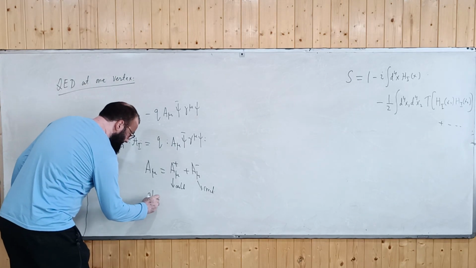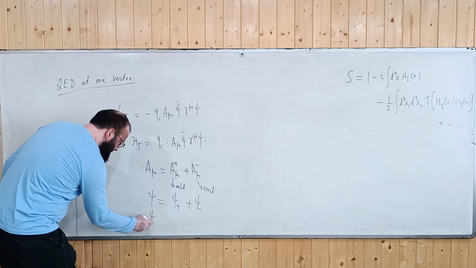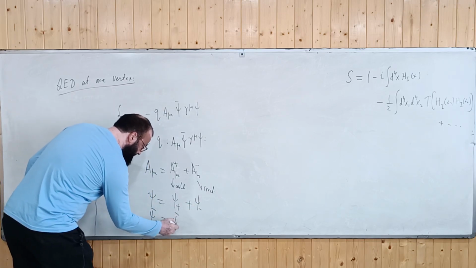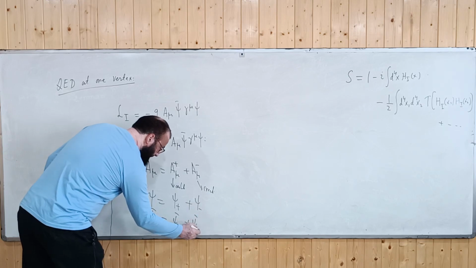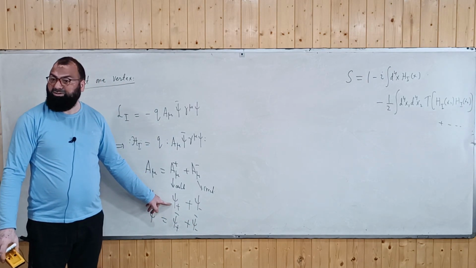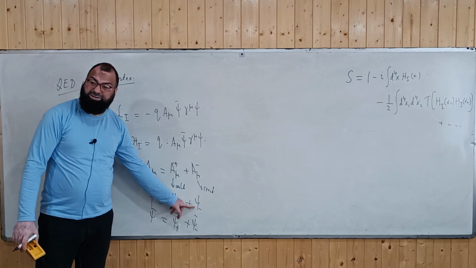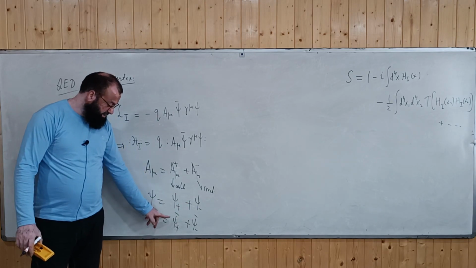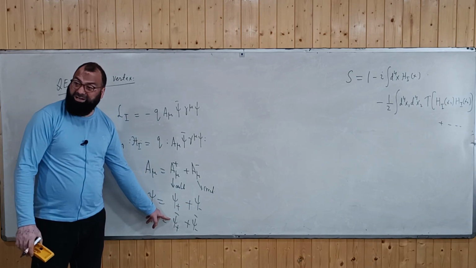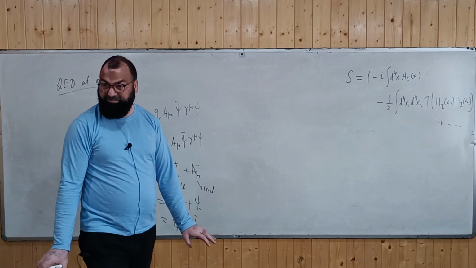Now, for ψ I will put ψ⁺ and ψ⁻, and for ψ̄ I can put ψ̄⁺ and ψ̄⁻. ψ⁺ is the annihilation operator for a fermion, ψ⁻ will be the creation operator for an antifermion, ψ̄⁺ will be annihilation of the antifermion, and ψ̄⁻ will be the creation of a fermion.